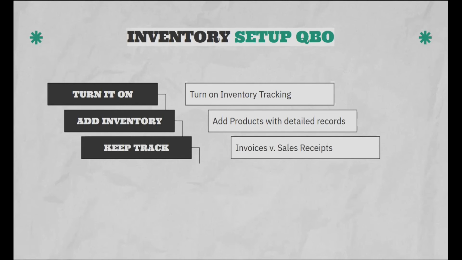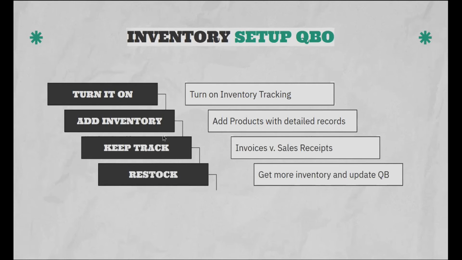Someone else comes in, they buy a widget, they pay with cash, you give them that receipt. Now you're down to 8 widgets. So keeping track of your inventory in QuickBooks Online comes through keeping track of all your sales and the different numbers of products in your sales. That will be auto added in, so that essentially auto tracks.